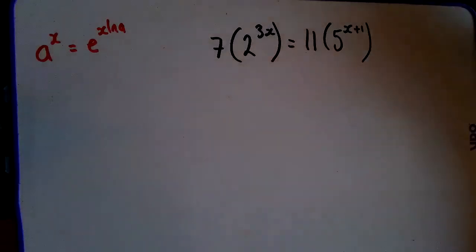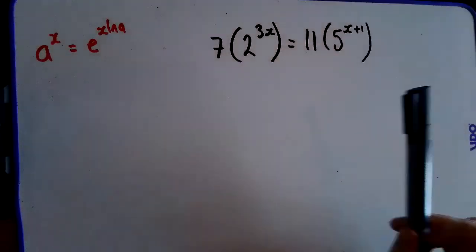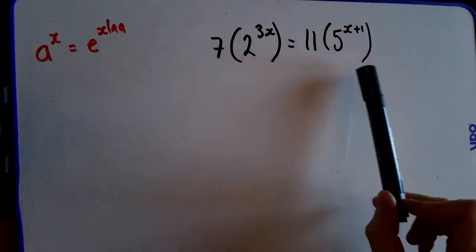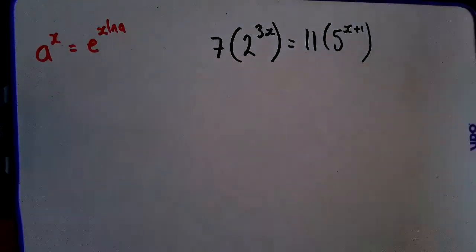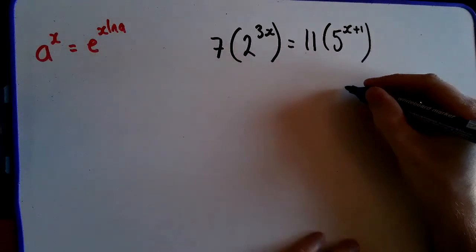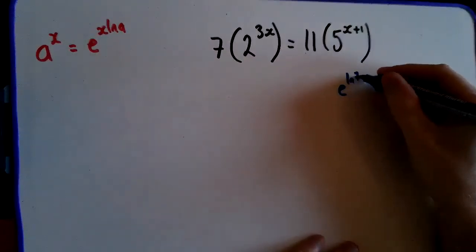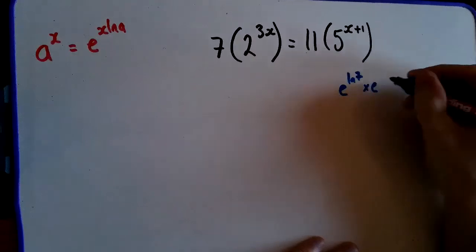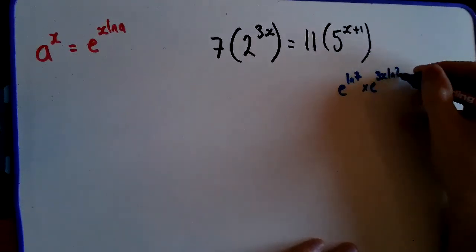Okay, now this one is tricky because there's lots of different numbers. So again, one method is change everything to e's. So this one here would be e ln 7 times e 3x ln 2.